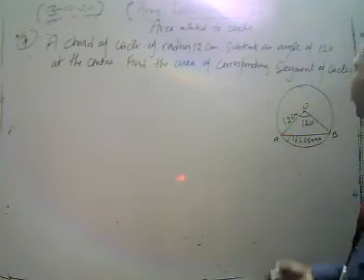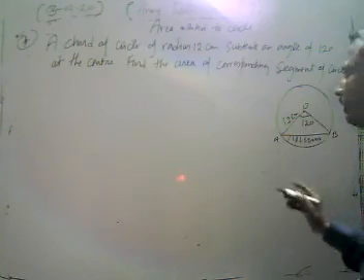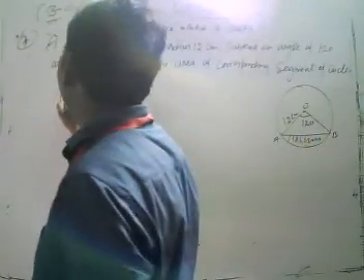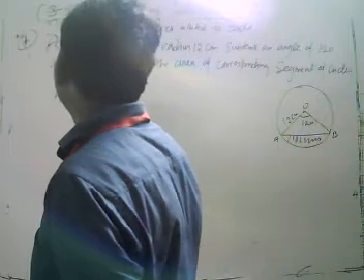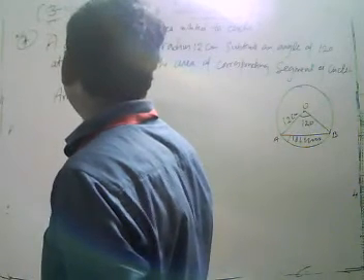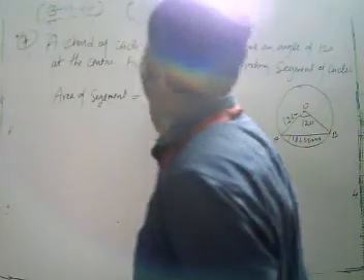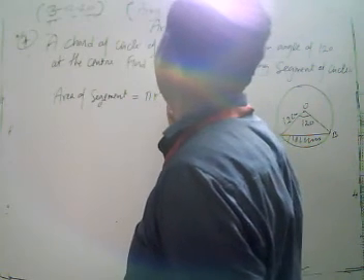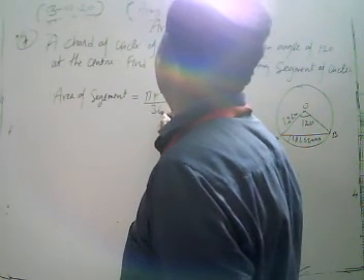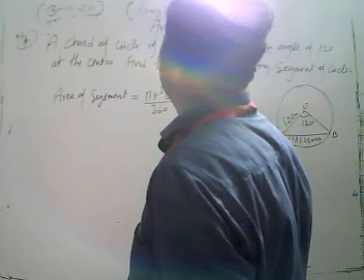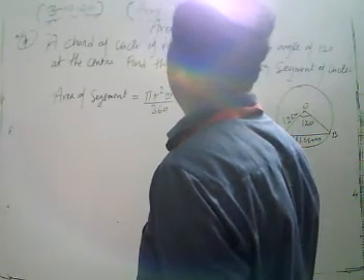Now, what is the formula for the area of a segment? The area of the segment is given by pi r square theta upon 360 minus r square by 2 sin theta.